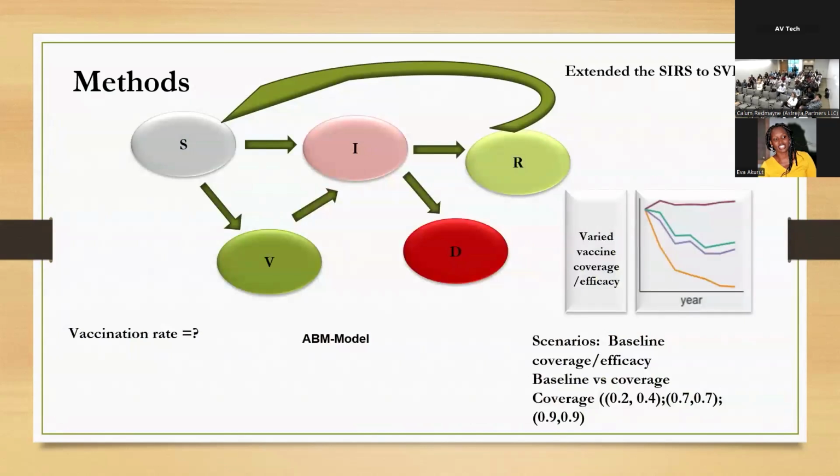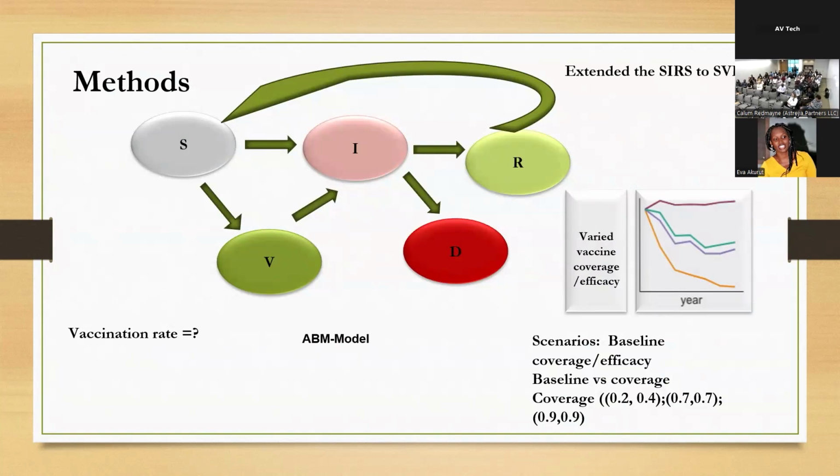So we used STARSIM, but we extended the SIRS to susceptible, vaccinated, infected, recovered, and death. So as I already mentioned, we varied the vaccination rate as well as the coverage, and it's an agent-based model.